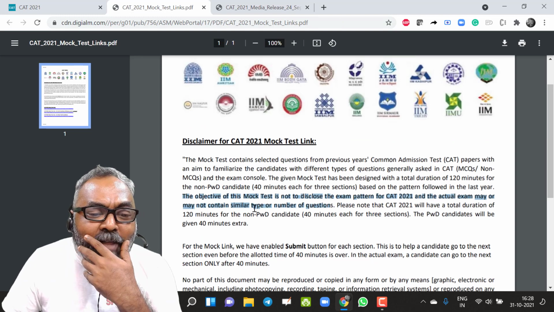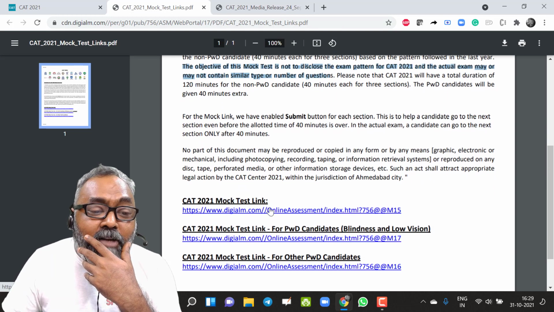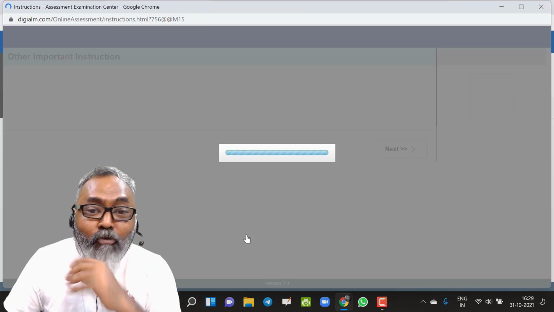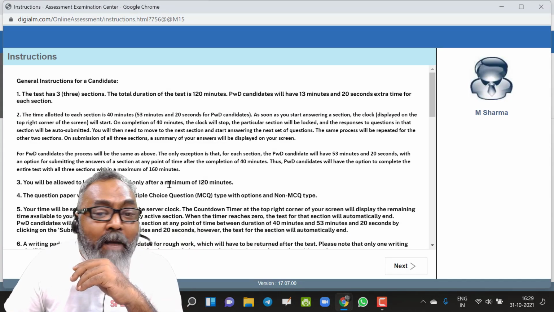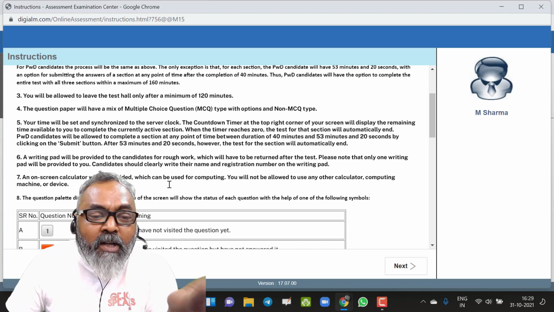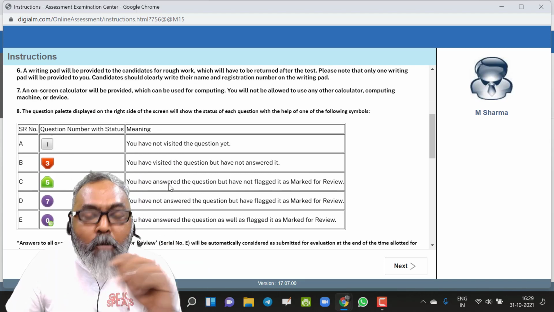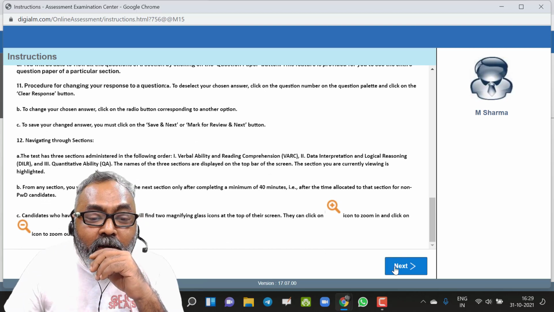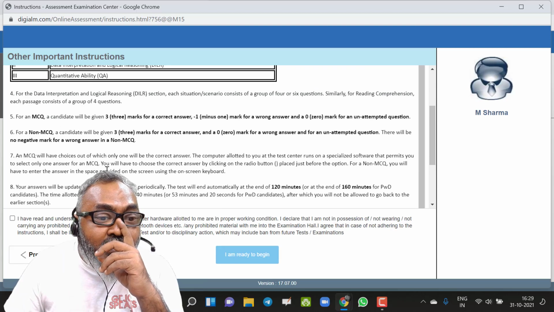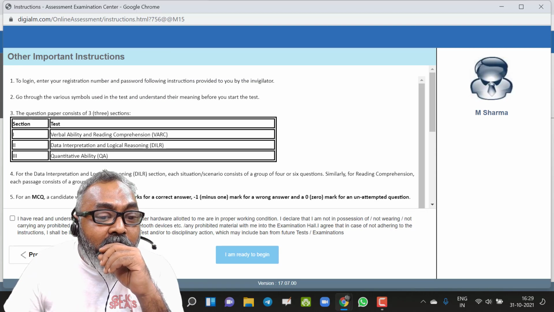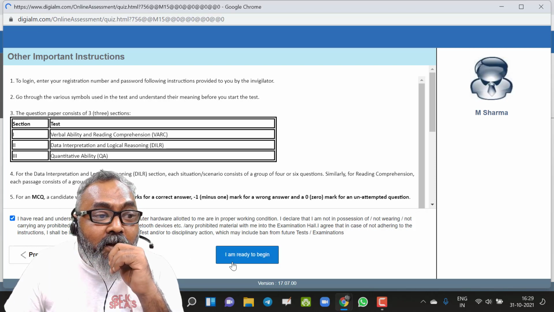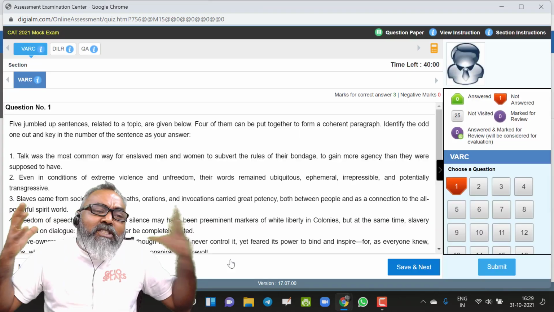Okay, so they have given us 3 links. Let's click on this link, which opens this one, and this opens here. I'm sure that all of you are very used to these things because the mock tests you're taking would have a very similar interface. So you click next, click here and go here, and let's understand what the test is all about.